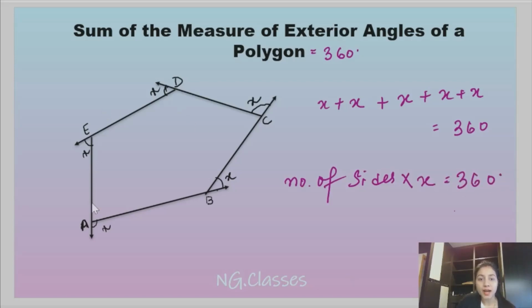We are having 5 sides here. It's a pentagon and all the angles are the same. So each angle I have taken as x, and that will give the total exterior angle sum, that is 360 degrees. This concept we are going to apply in our question.